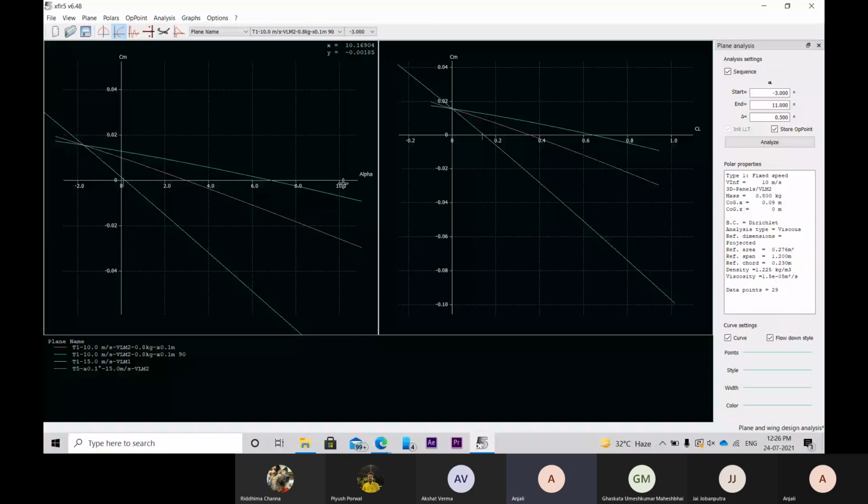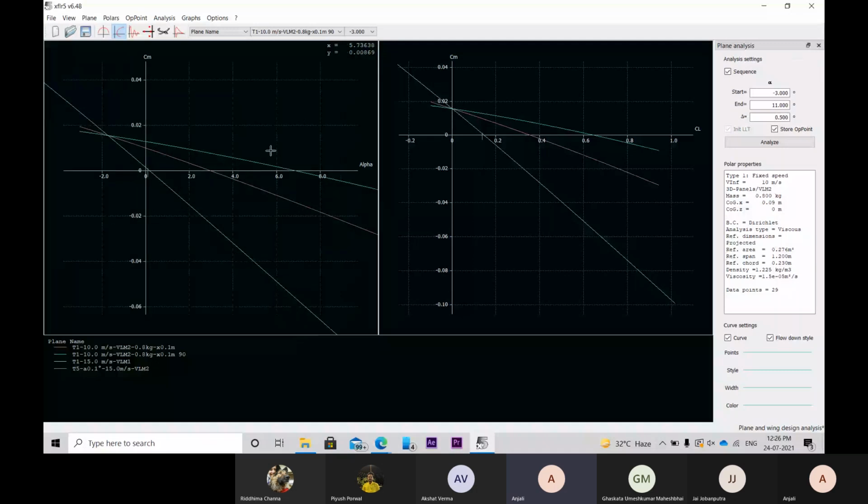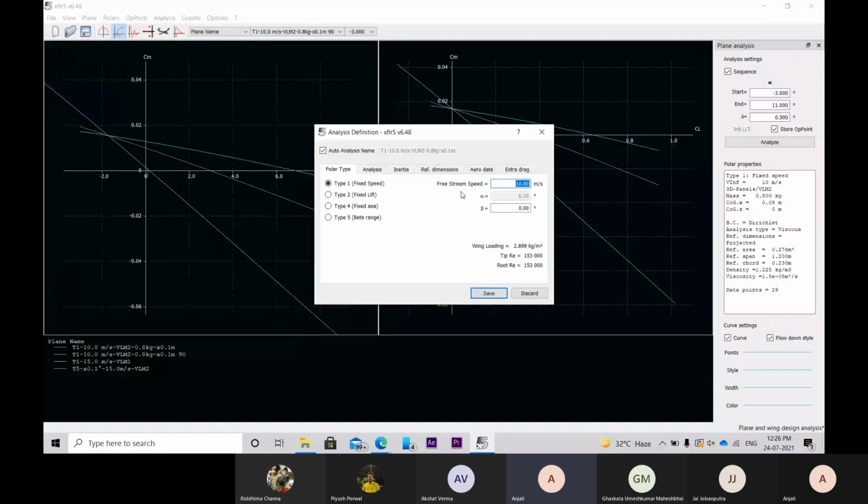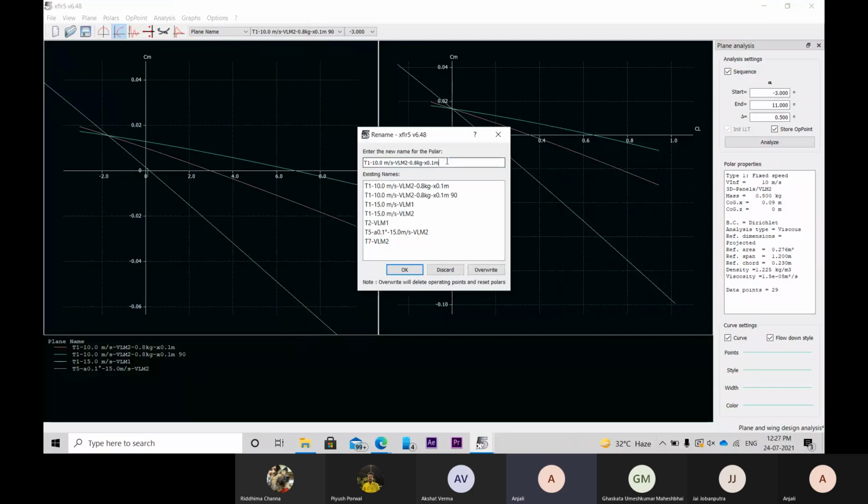So we have got so many graphs. What are we all waiting for? We are waiting for the neutral point, where the pitching moment will not depend on the center of gravity and we will have a graph which is horizontal to the angle of attack line.